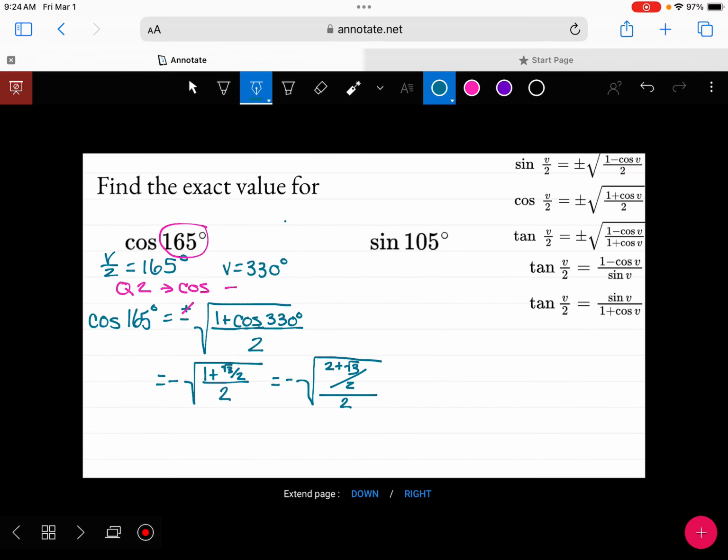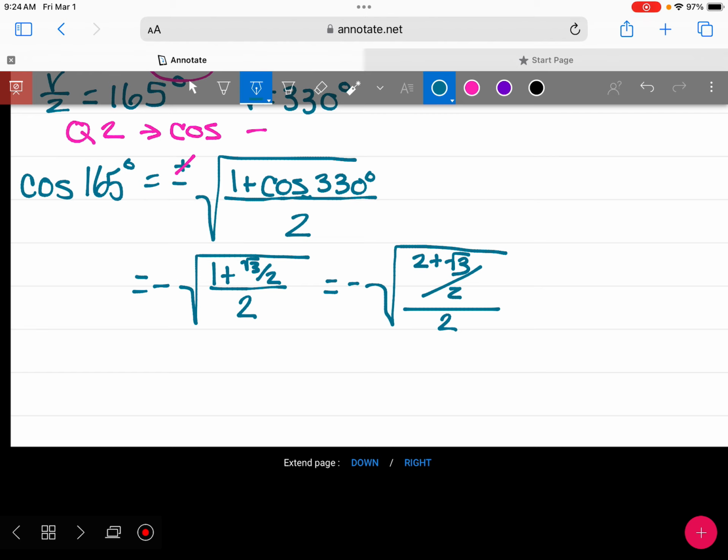What's going to happen with my both over 2's? My 2 plus square root of 3 over 2 over 2. What's our denominator going to be when we get this down into one fraction? 4. So we have 2 plus square root of 3 over 4.